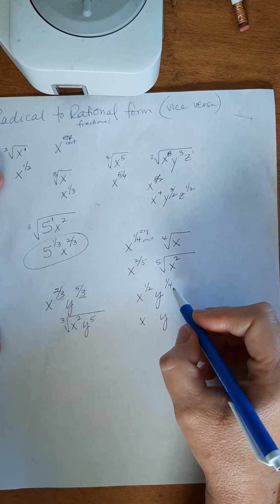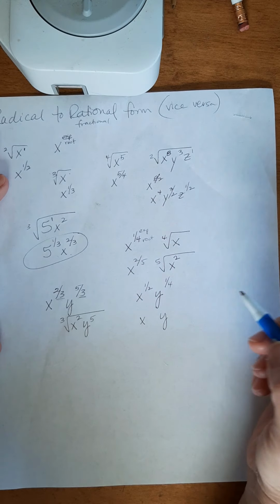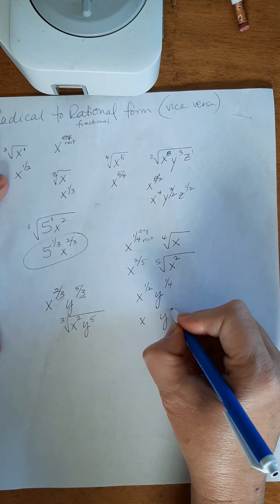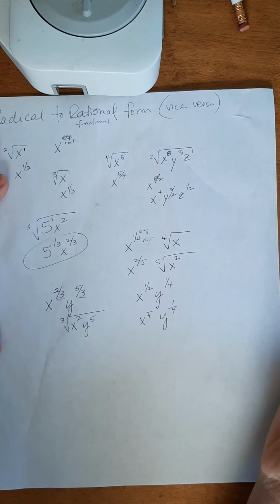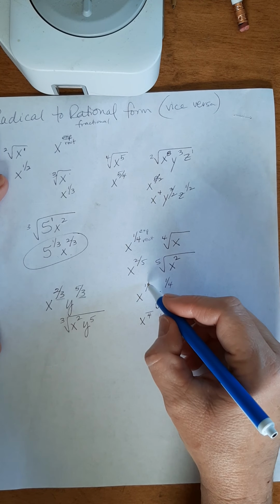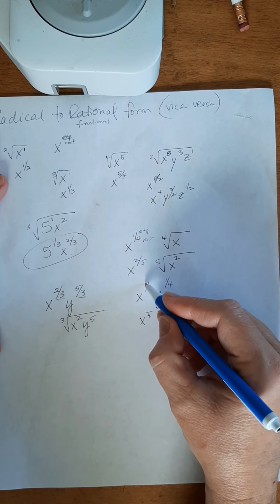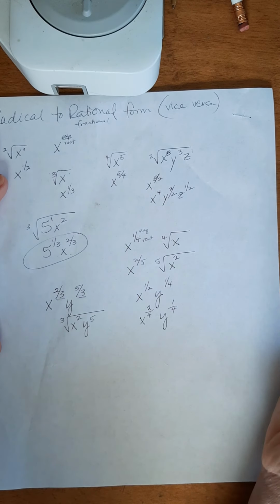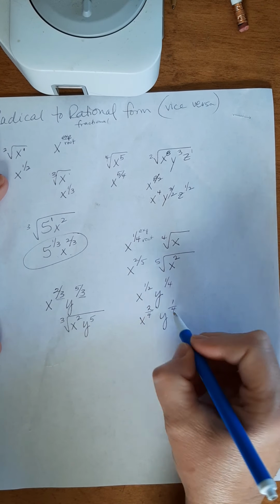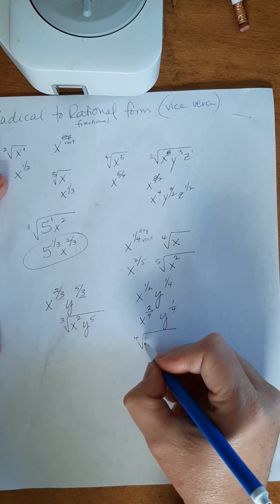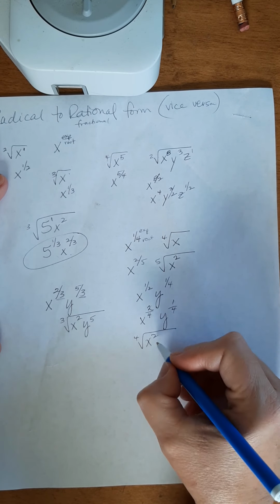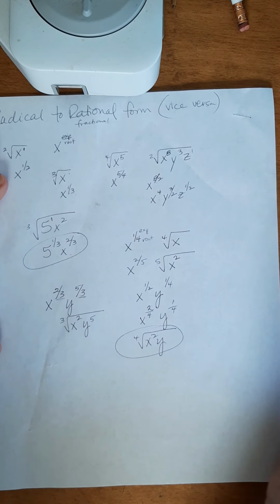What's the smallest thing that 2 and 4 go into evenly? 4. So, of course, y is fine. And x, 2 times 2 is 4. 1 times 2, 2. And see, once you get the same base, then 4th root, x squared, y. And you're done.